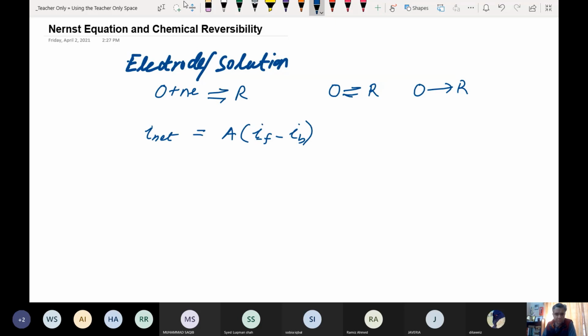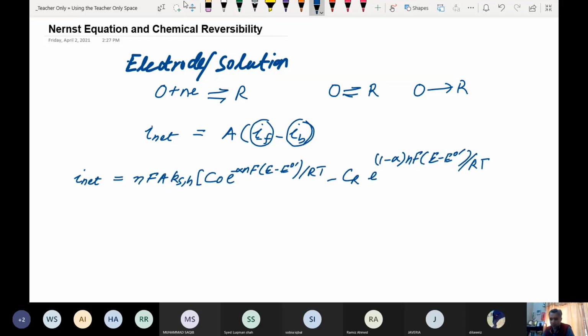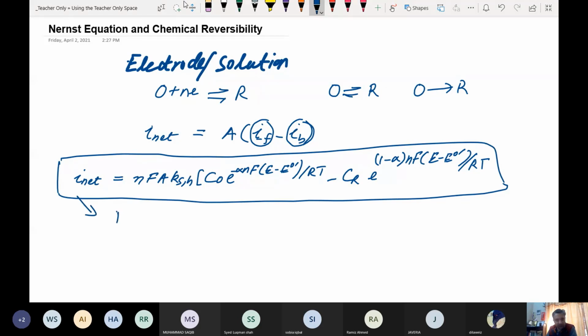If we put in the values of the currents, this was probably equation number 21. Now this equation is known as the Eyring equation.